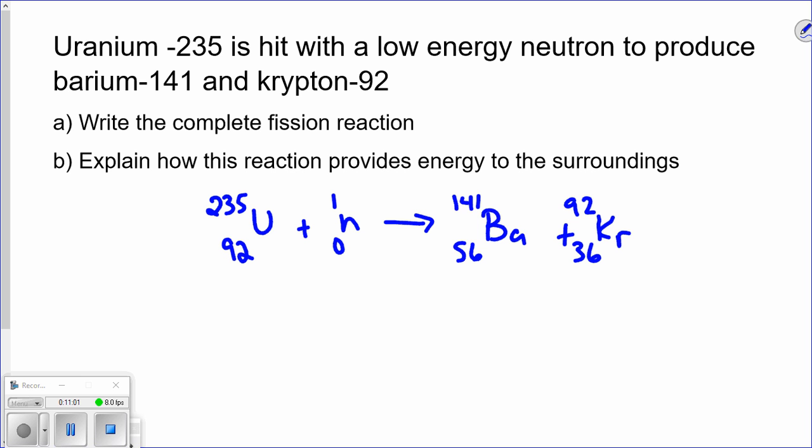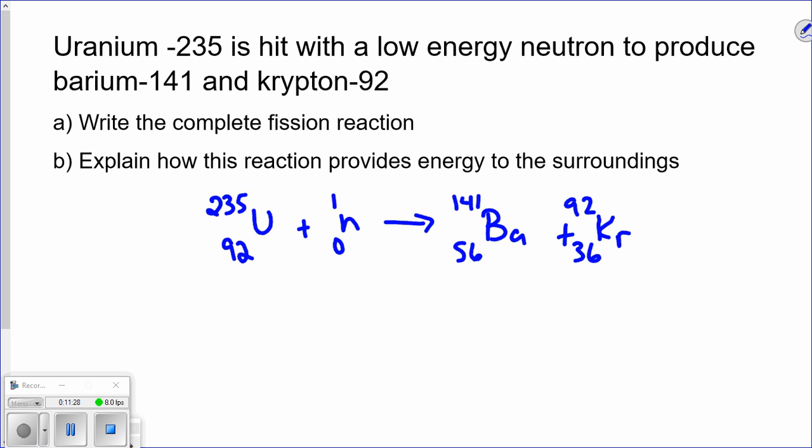Our conservation laws have to be followed here. So we need everything to equal out. I can see that in the bottom line, 56 plus 36 does give me 92. I'm looking to make 236 up top. So I have 141 plus 92.